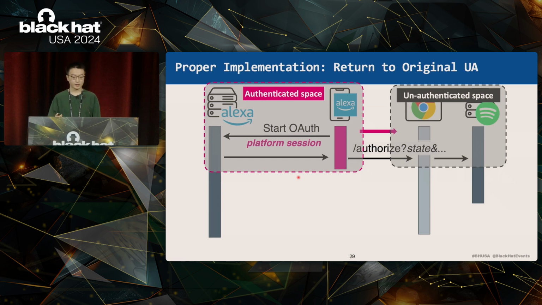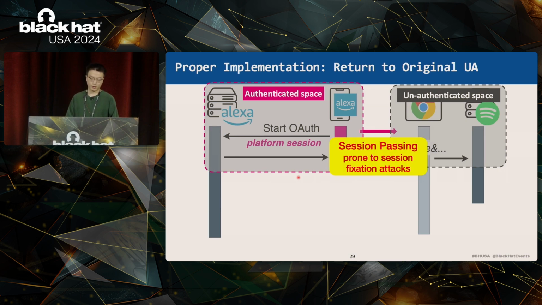To summarize, this kind of problem happens because the actual OAuth process happens in an unauthorized space in the right part of the diagram, separated from the original authenticated space. And platforms usually add some mechanism in between to pass the session from one to the other. It's very easy to make mistakes here, which will lead to the session fixation attacks we just mentioned.